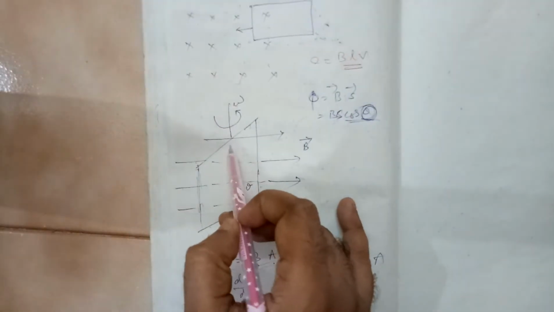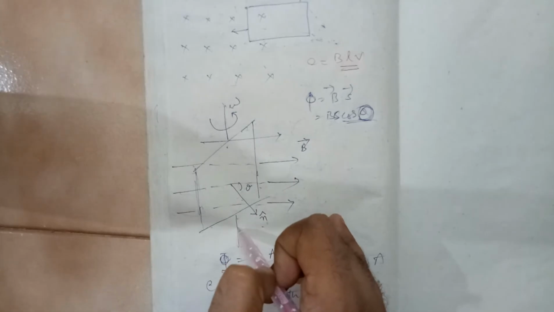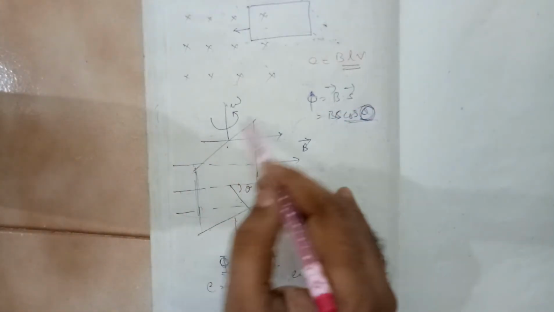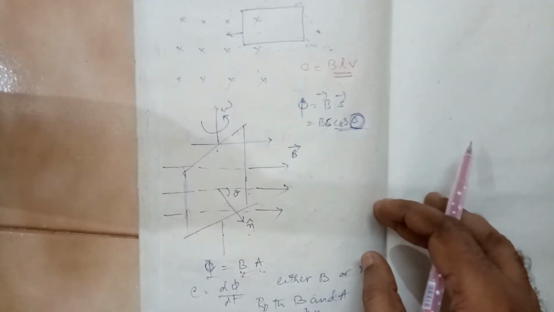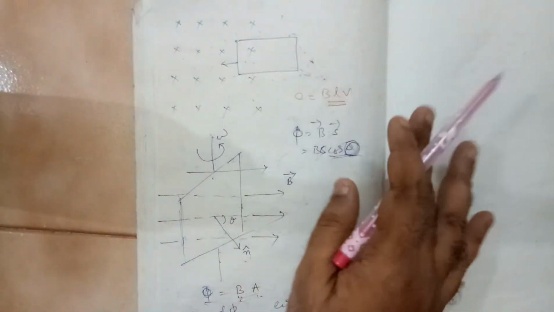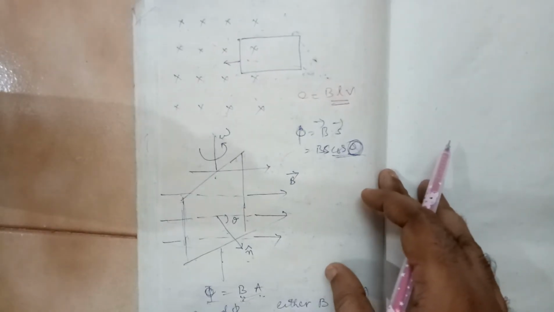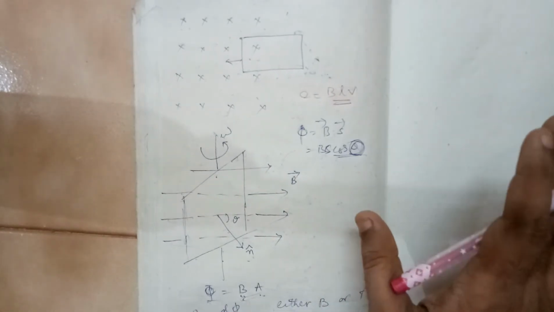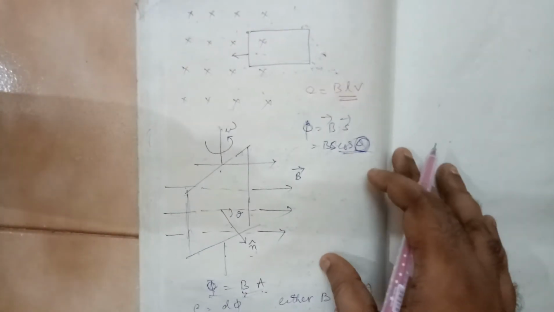In this situation also I can choose a frame of reference with respect to which I can see how much the coil is rotating. I can do another way where I am keeping the area vector constant and rotating the magnetic field itself. Even then the flux will change.